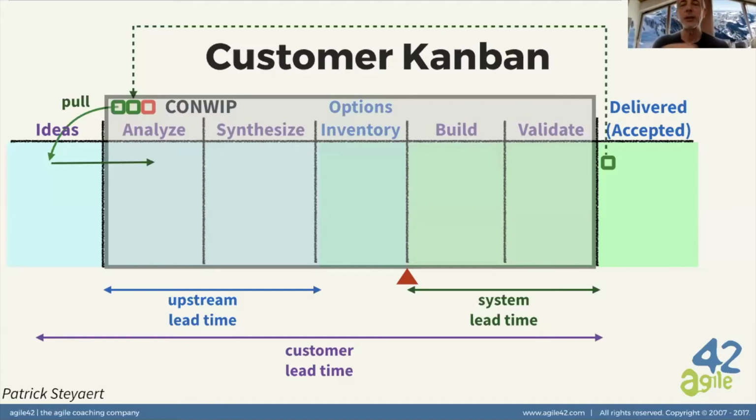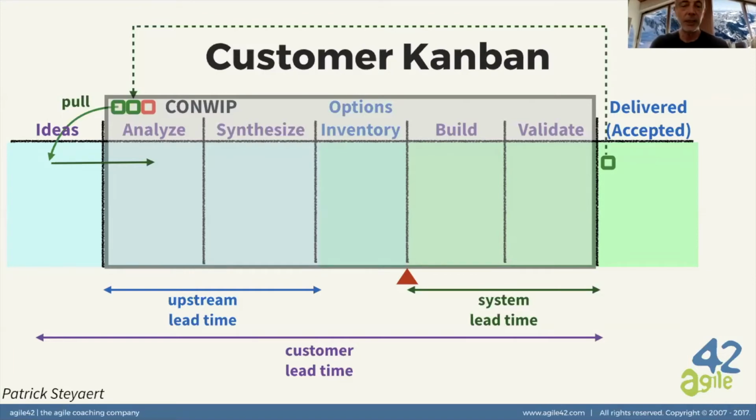So a way to deal with this is what's called customer Kanban: we give customers tokens. These are customer tokens, not related to the previous tokens we saw. Each customer has a limited number of them, and they get tokens back when something is really accepted and validated. So the token goes back, and then they can use it to pull new ideas that can then go into the system.